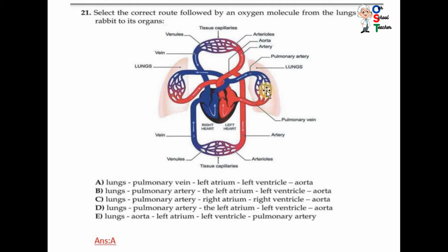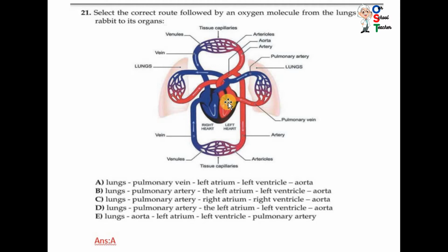So just find this route: lungs, pulmonary vein, not pulmonary artery. The pulmonary vein is the only vein that has oxygenated blood. So pulmonary vein, left atrium, left ventricle, and aorta.